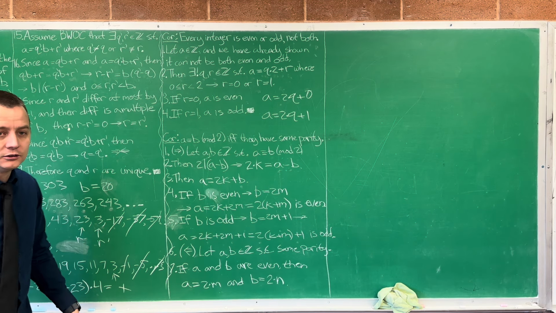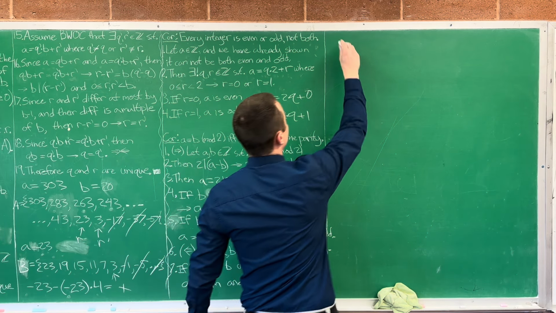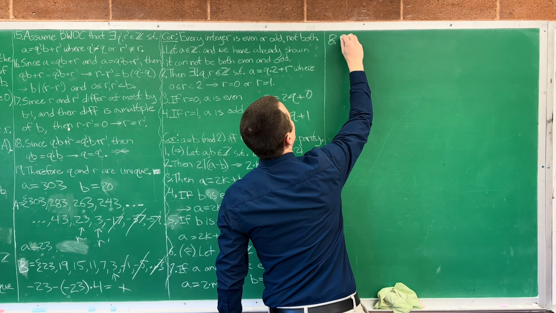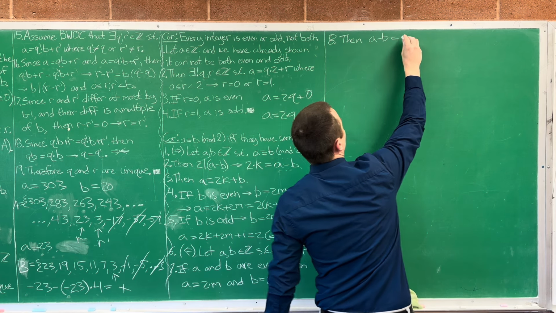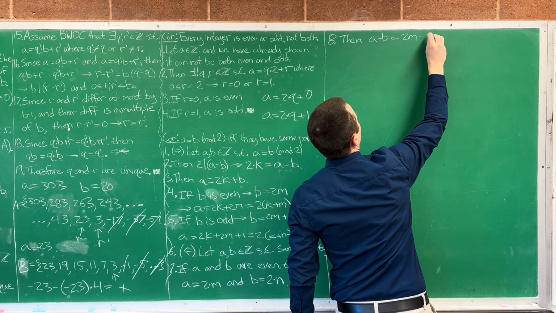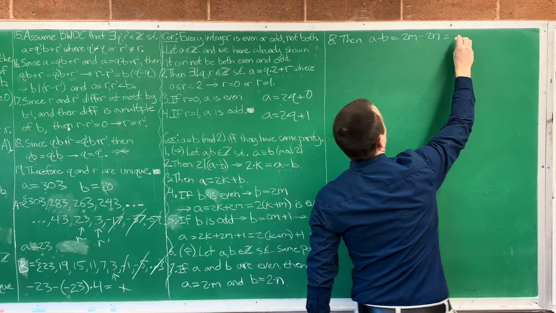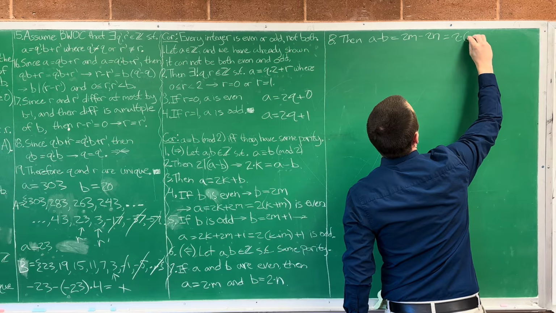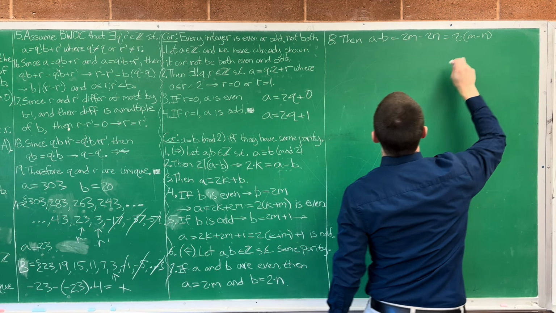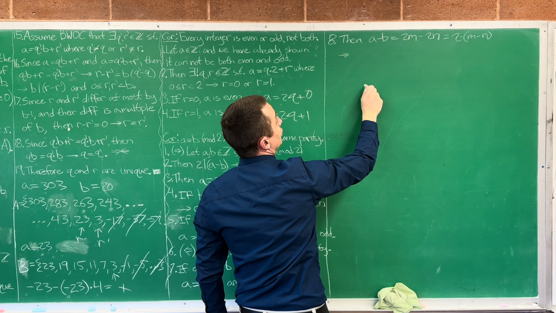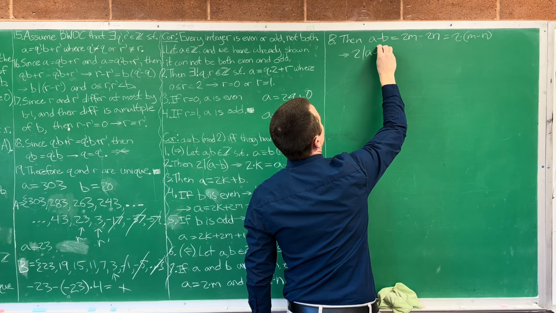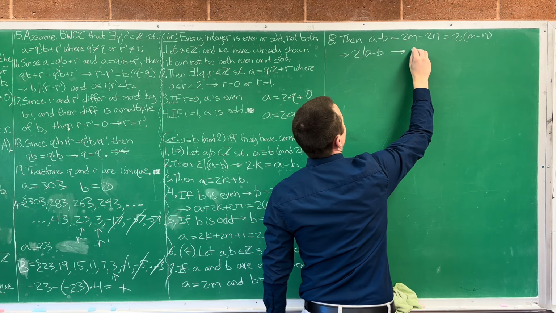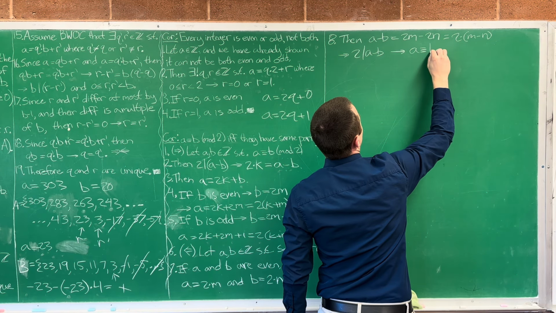Then what does that give me? Then A minus B is equal to 2m minus 2n, which is equal to 2 times m minus n, 2 times some integer. Means that 2 divides that. Which gives me that 2 divides A minus B, which gives me that A is congruent to B mod 2.